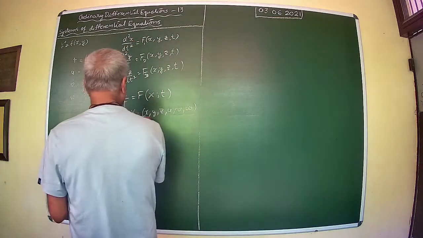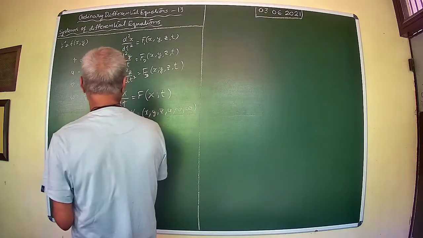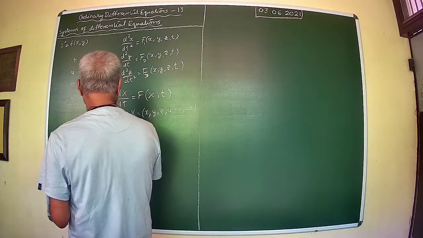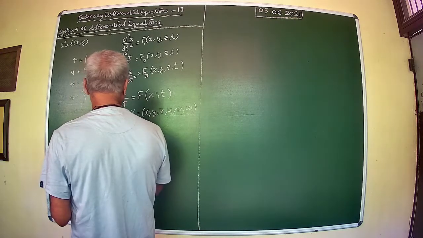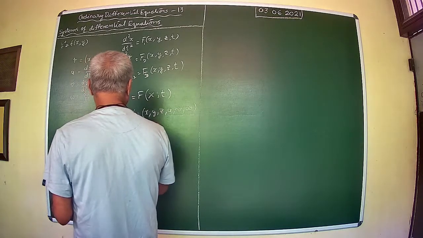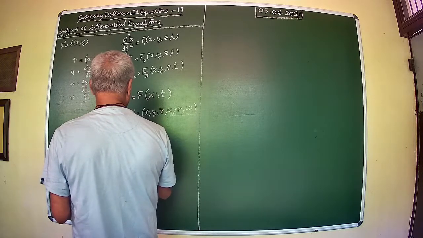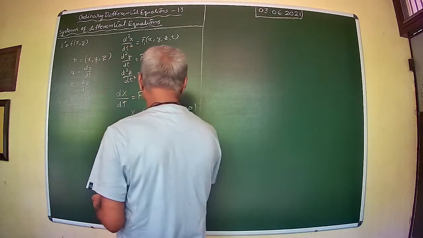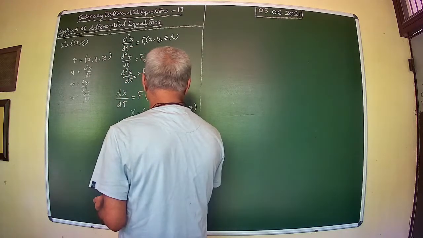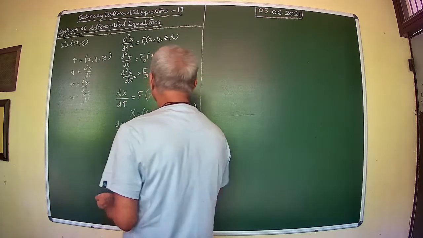The system, if you write it down, is this: dx by dt equal to u, dy by dt equal to v, dz by dt equal to w.